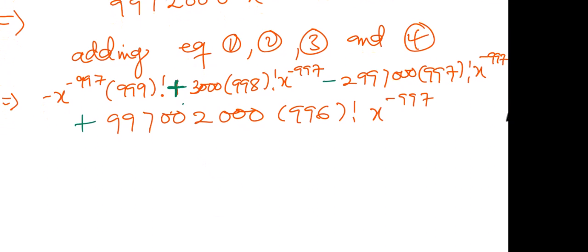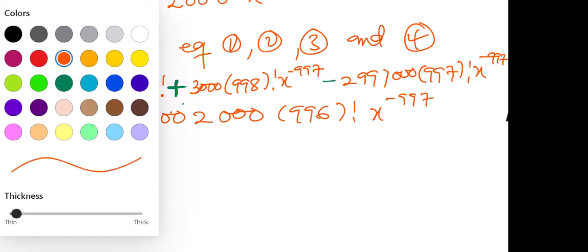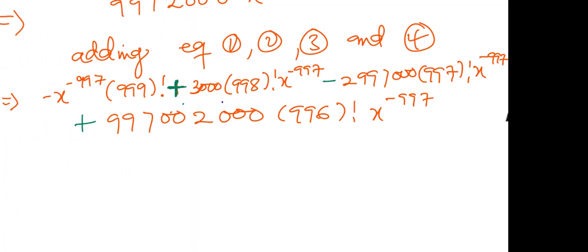Okay, but what can we do? We can factorize some things out. We know that this x power negative 997 is common. It is here, and it is here, so we can factorize that one out.